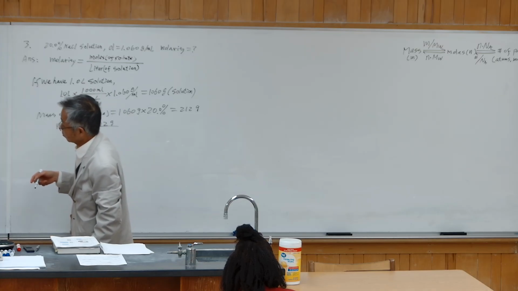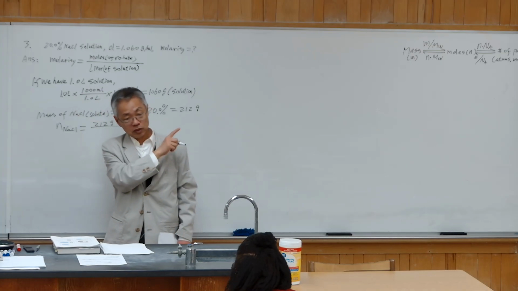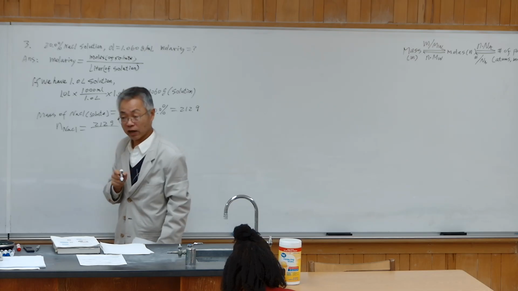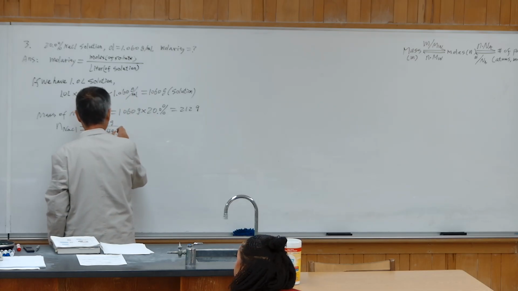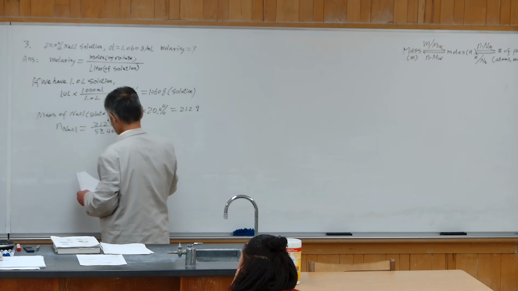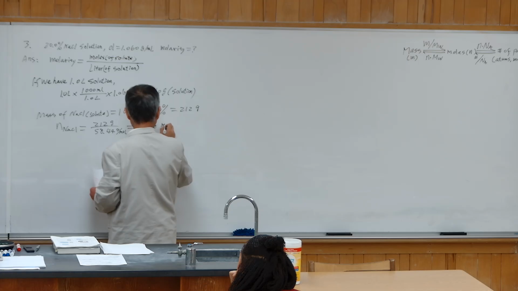You see here it will be 58.44: sodium is 22.99, chloride is 35.45, together 58.44 grams per mole. That gives 3.628 moles.